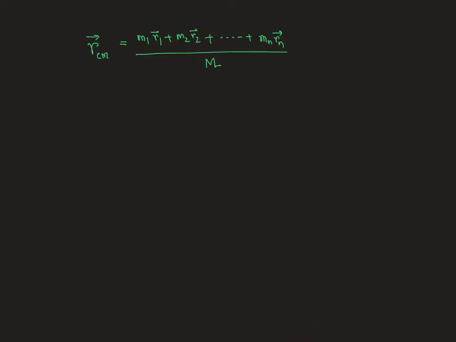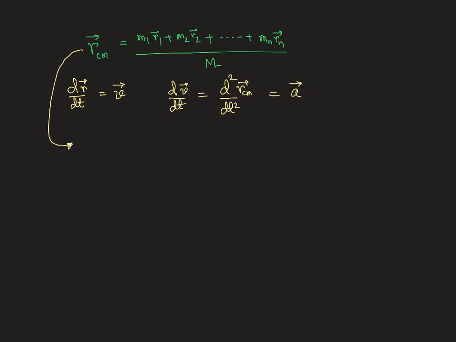Now, this is the position vector of center of mass given by RCM. Now if you differentiate position vector, what do you get? Differentiating position vector, you get velocity vector, and differentiating position vector twice, you get the acceleration vector. Now let us differentiate this RCM with respect to t on both sides.